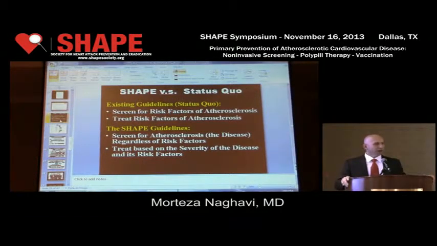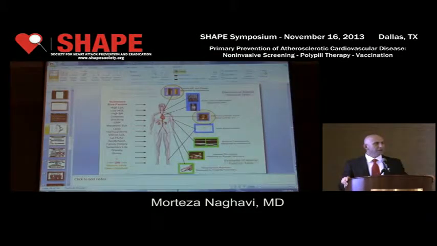Out of many, carotid plaque imaging by ultrasound and coronary calcium got the SHAPE Task Force attention in 2005, thanks to many studies that built the ground for this pioneering concept. This was 2004 or 5, when we started this SHAPE Task Force meeting.